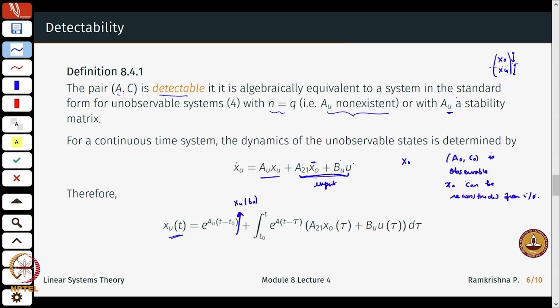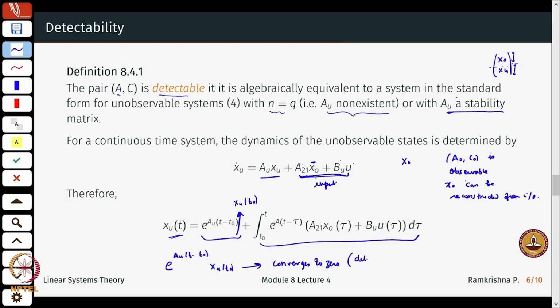And therefore, I can construct this entire term within the integral, because everything is known. Now, for detectable systems, we will look at what happens to this term, e to the power A_U (t minus t naught) x_U(t naught). What is it for detectable systems? A_U is a stability matrix. So, when A_U is a stability matrix, this term eventually converges to 0. This is for detectable systems.